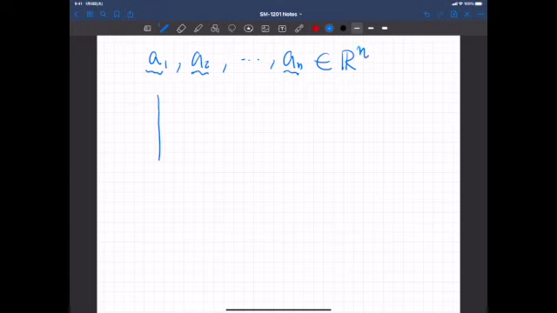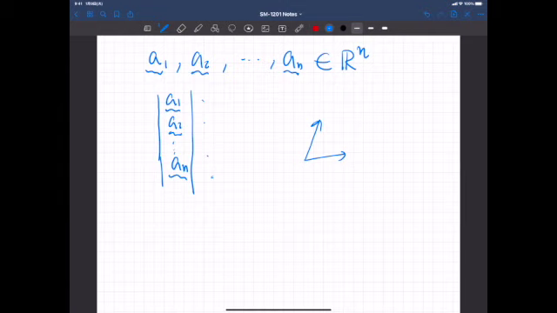Then the determinant defined by these vectors corresponds to the volume of the solid defined by these n vectors. Okay, in two dimensions you need two vectors to define some two-dimensional shape. So that is a parallelogram. In three dimensions you need three vectors. So one, two, three vectors to define a parallelepiped.